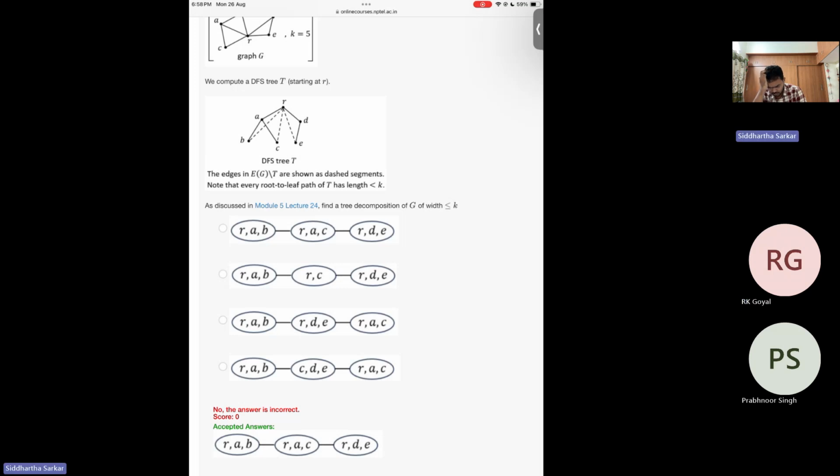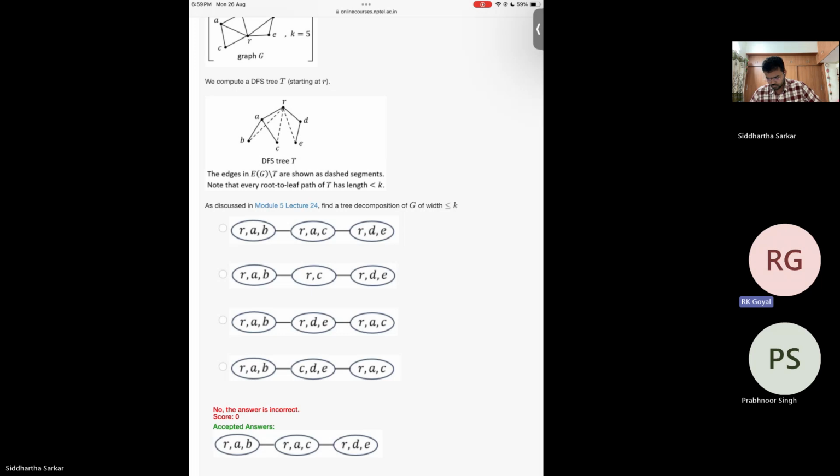How do we see that? So like here, RA and AB, and then, if one vertex is there in multiple bags, like here R and A are there in multiple bags, it shows that an element would be there in multiple bags if somehow they share a parent and child relationship.